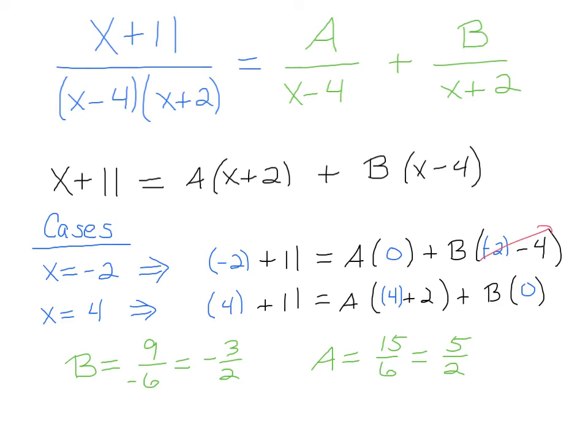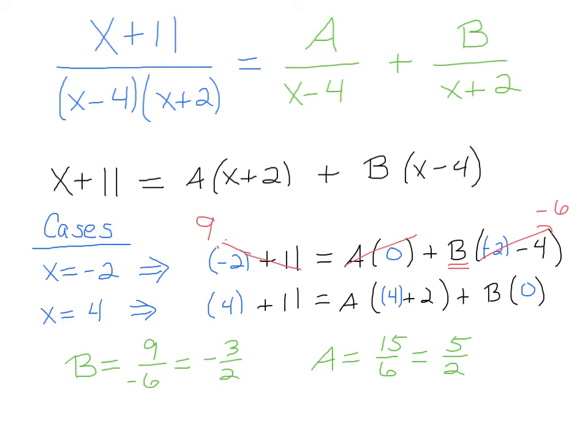So this becomes a negative 6, that just becomes 0, and this term here simply becomes a 9. So we're going to solve for b, and easy enough, b will equal minus 9/6, or that reduces to minus 3/2.